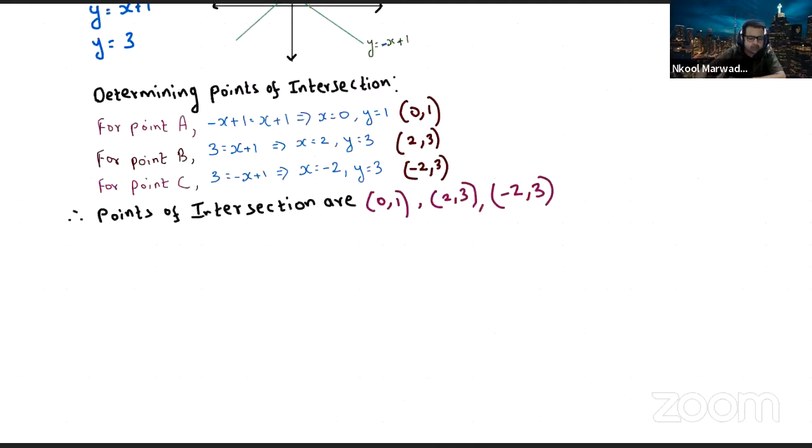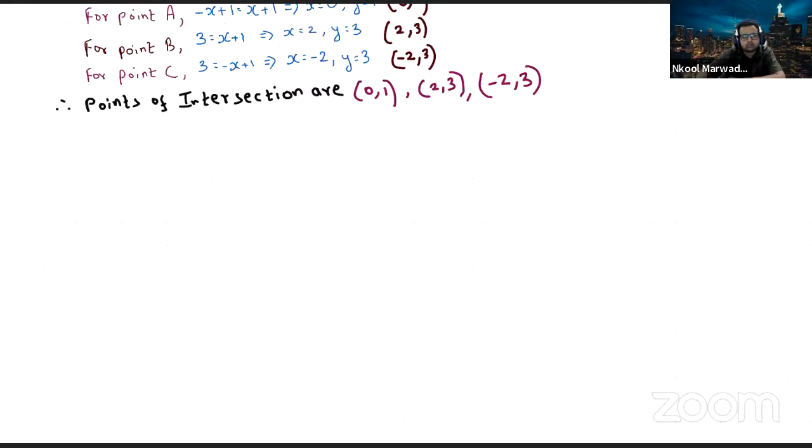Now the next step is setting up the integrals. Here we have to decide whether to take the vertical slice or the horizontal slice, and based on that, we will get the integral.